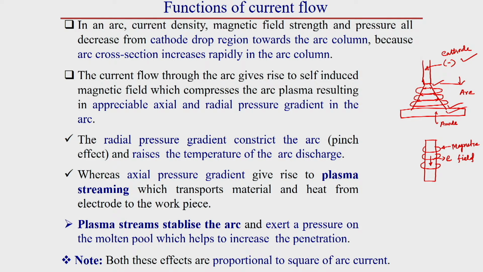This plasma streaming transports the material and heat from the electrode to the workpiece. Due to this plasma streaming, the electrode melt or droplet that is forming is transferred from the cathode region towards the workpiece region.